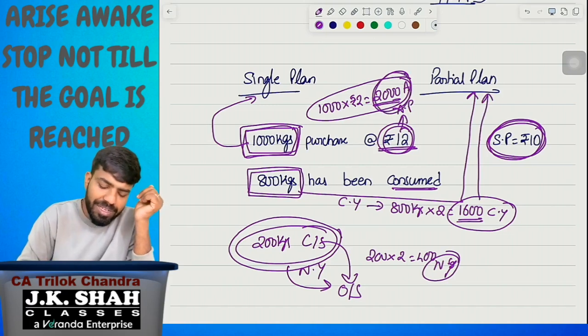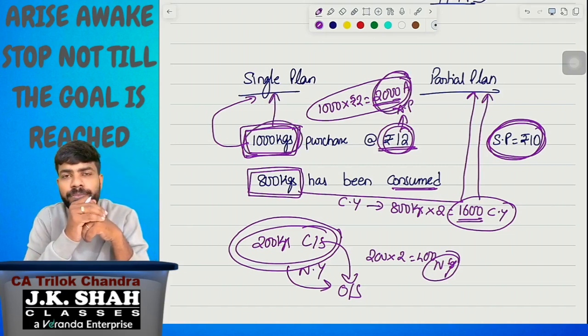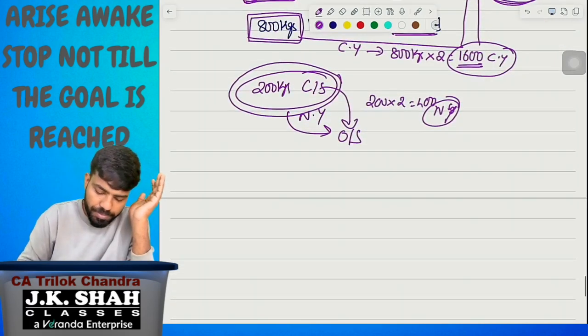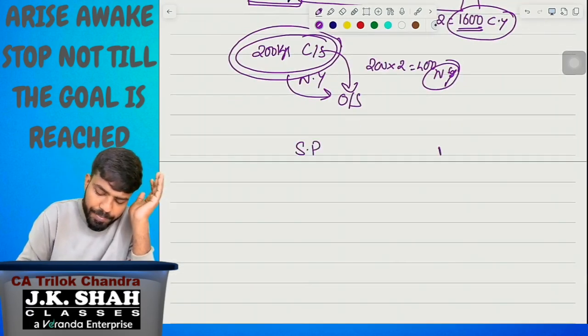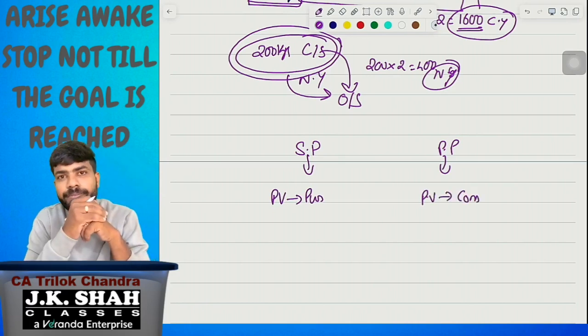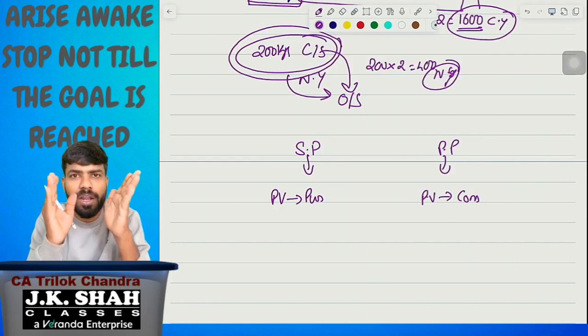Entire 2,000 rupees recorded in the same year means single plan. Have you understood till here? So simple. Single plan means price variance will be recorded based on purchase. Partial plan means price variance will be recorded based on consumption.